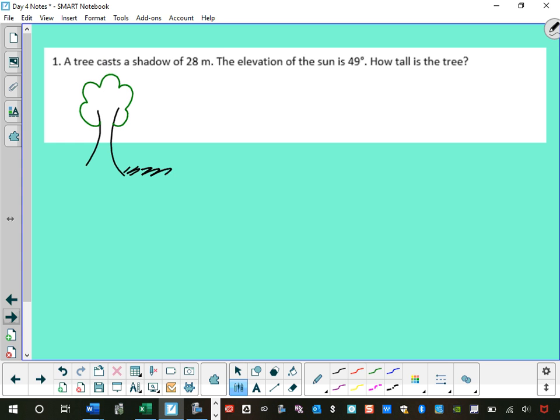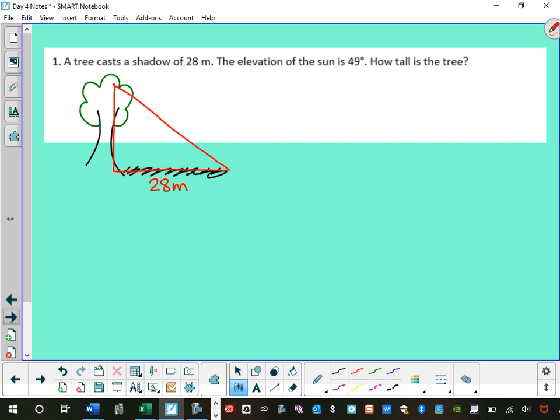Draw a little shadow. I'm going to create a triangle out of this. There's my triangle. So the tree casts a shadow of 28 meters, so the shadow is 28 meters.